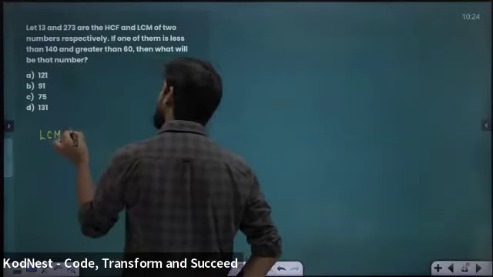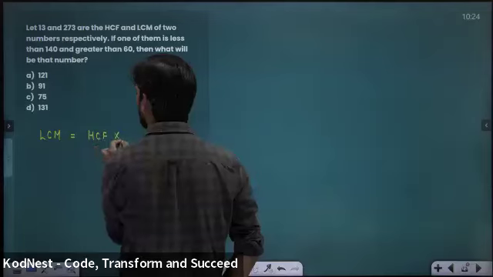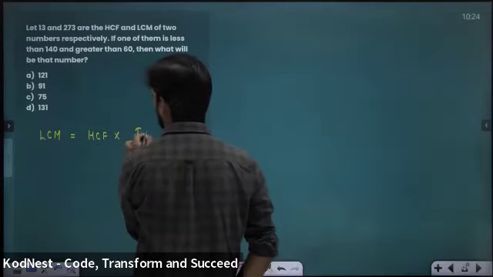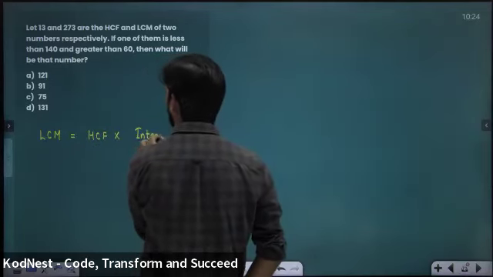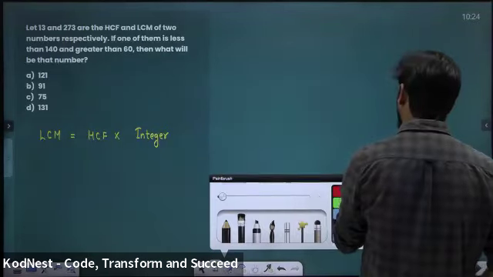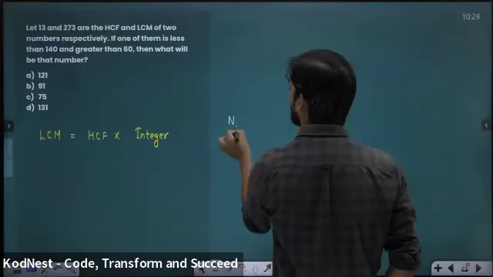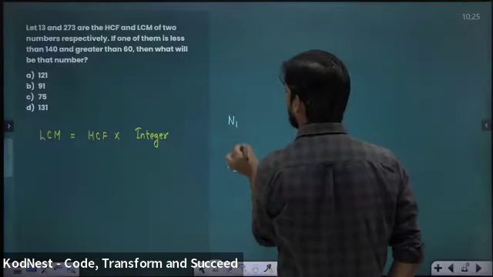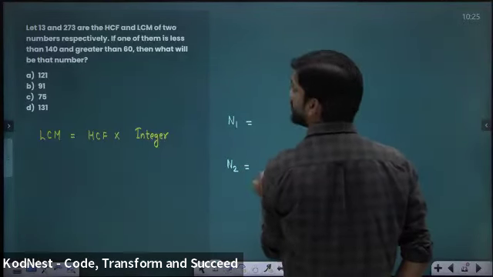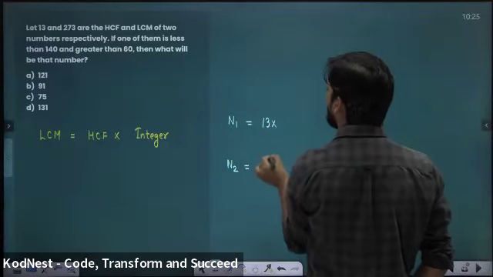Whenever LCM and HCF are given, LCM equals HCF into integer. First, we will find this integer. Let me write that your numbers N1, N2 will be, as HCF is 13, 13x and 13y.